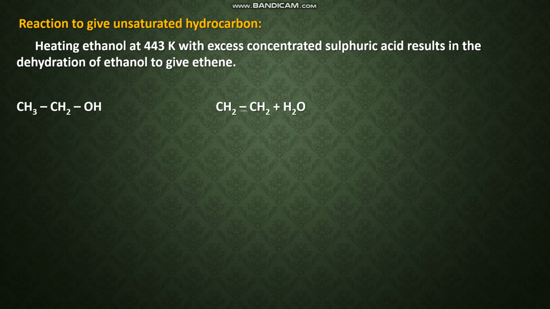Let us see the equation. So here ethanol, CH3CH2OH, or C2H5OH, we can write like this also with the bonds, CH3CH2OH, is heated with concentrated sulfuric acid to form ethene and water. Let us see how this reaction takes place.